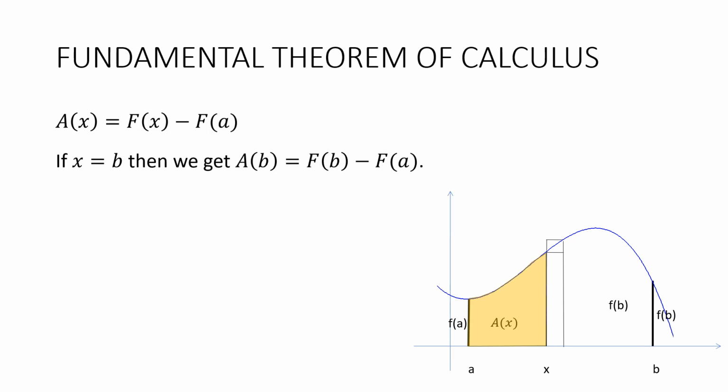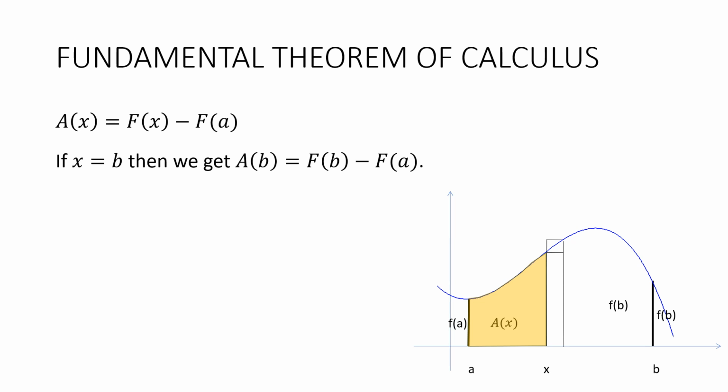Finally, if x is equal to b and we substitute in b for x, we get A of b is equal to capital F of b take away capital F of a. But this is the area under the curve between a all the way up to b. And we just learnt that that is the integral between a and b of f of x dx.